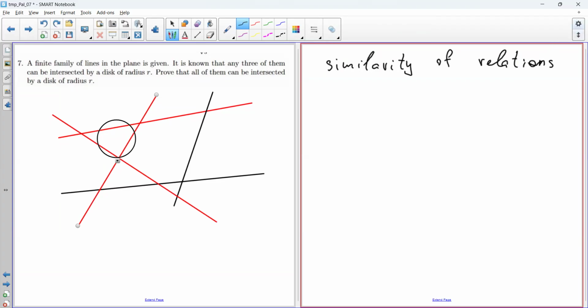Which duality probably you are familiar with. Probably you are more familiar with this sort of duality when you consider plane graphs or planar graphs.